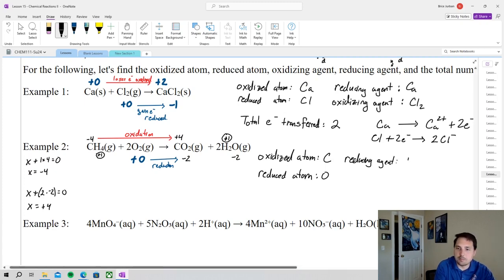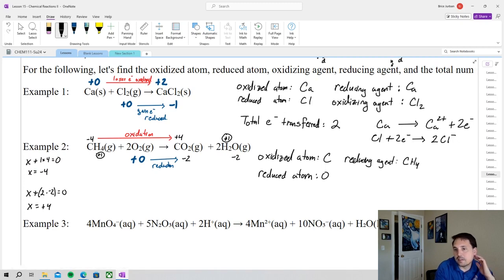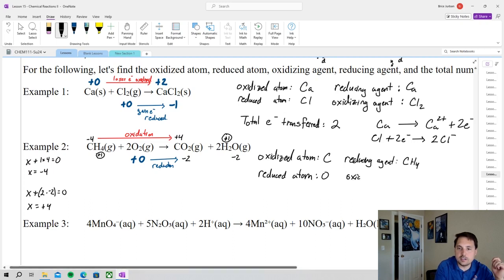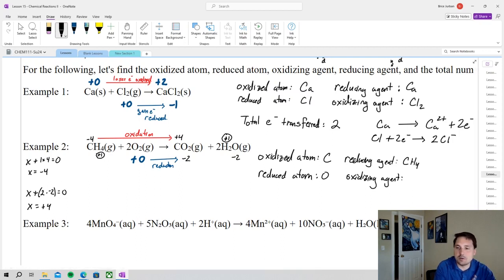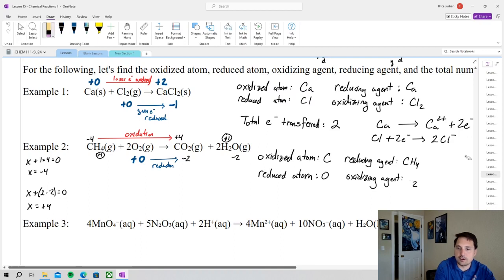That is the methane, the thing that contains the oxidized atom. And then the oxidizing agent is oxygen, of course. So this one makes sense. Most of the time, oxidizing reactions were named because of the presence of oxygen. Of course, there are other oxidizing agents.